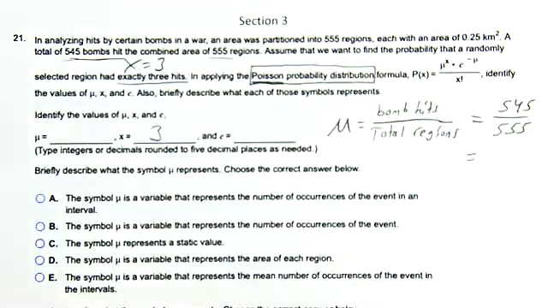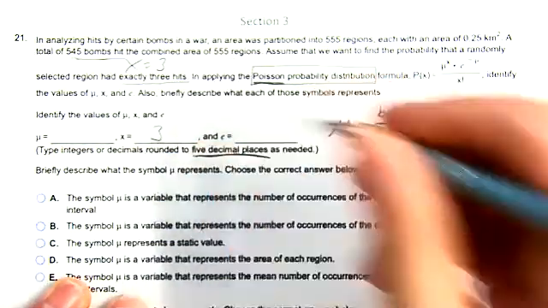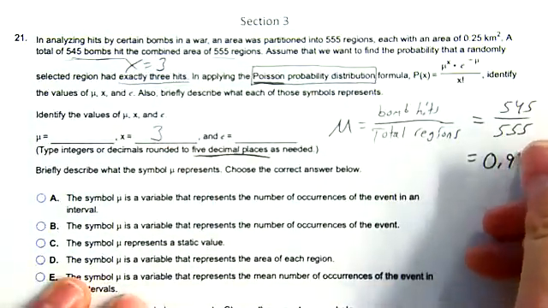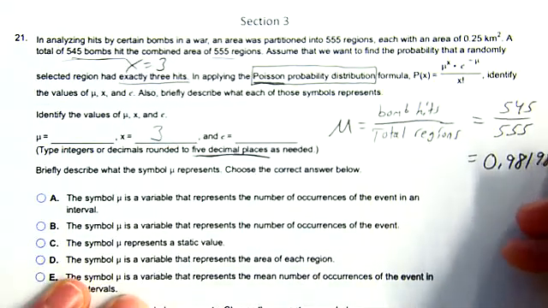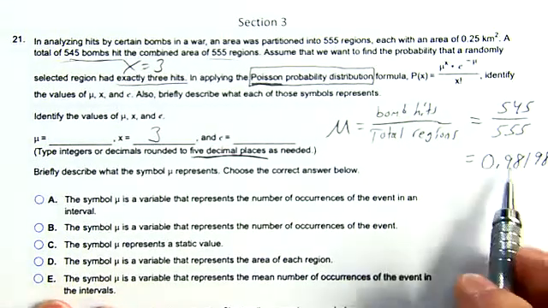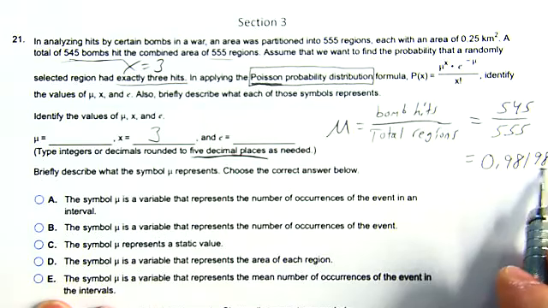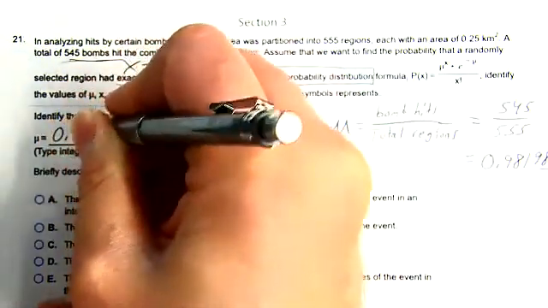So we would just divide those two numbers. And mu, they want us to keep 5 decimal places here. So this would be 0.98198, it repeats itself. So to 5 decimal places, 1, 2, 3, 4, 5, we'd call it 0.98198.